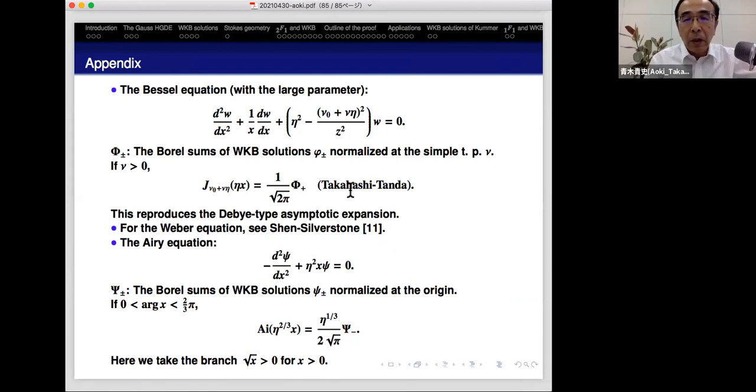This is done by my collaborators, and Shen and Silverstone gave the relation between the wave function and the WKB solutions. And this is classical, but it is explicitly written in terms of WKB solutions in this form.